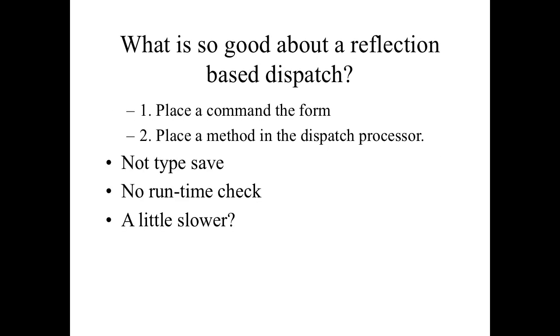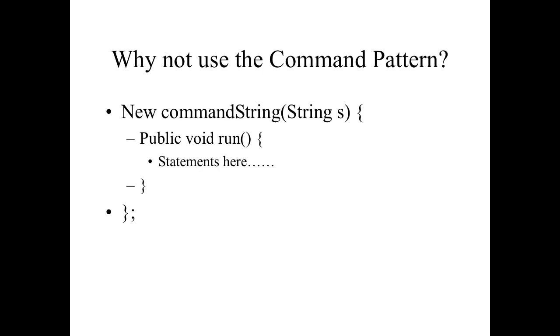So reflection-based dispatch is good. You just put the command in, and you don't have to update the dispatch processor, but it's not type safe. There's no runtime checking, and it's slower. So then comes the command pattern. That's another way to do dispatch inside of the servlet. That's not too bad, because now when the string comes in, you can have a runnable method that is associated with each string.